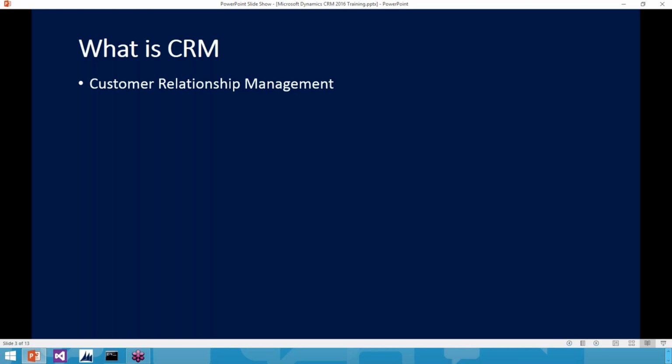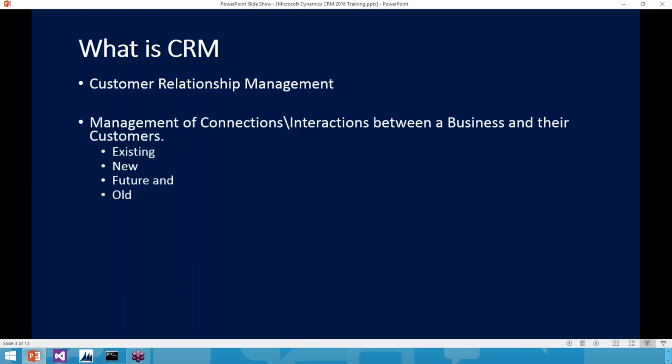Everything related to a customer relationship is managed by an application, and that is called CRM. Any business that has a customer relationship with a client can track it in CRM. It can be tracked in multiple different ways, and we're going to talk about that later in this class.